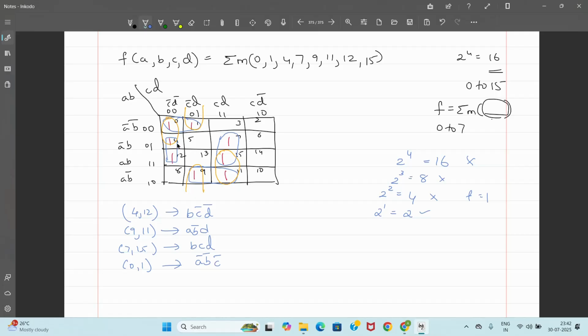Instead of grouping 0 with 4 and 1 with 9, I prefer 0 with 1. The reason is, if they can be covered separately, I don't have to overlap with something which is already covered. I'm not choosing 0 with 4 because 4 has already been covered with 12, and 9 has already been covered with 11. So why overlap when I can separately cover 0 and 1? I don't need the 0, 4 group or the 1, 9 group.